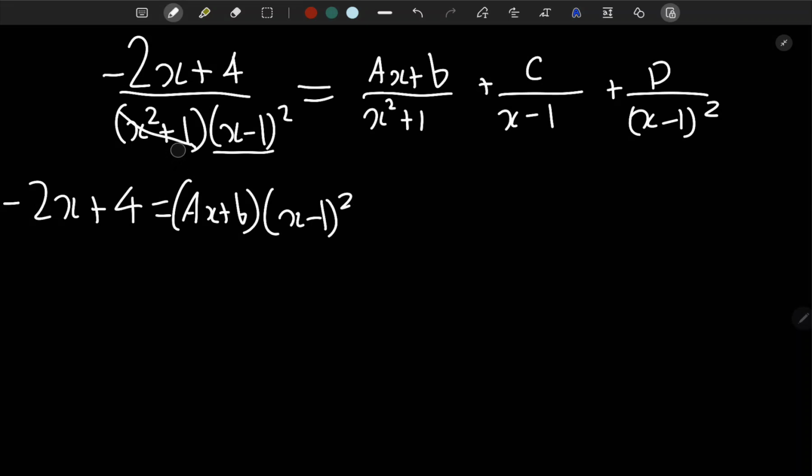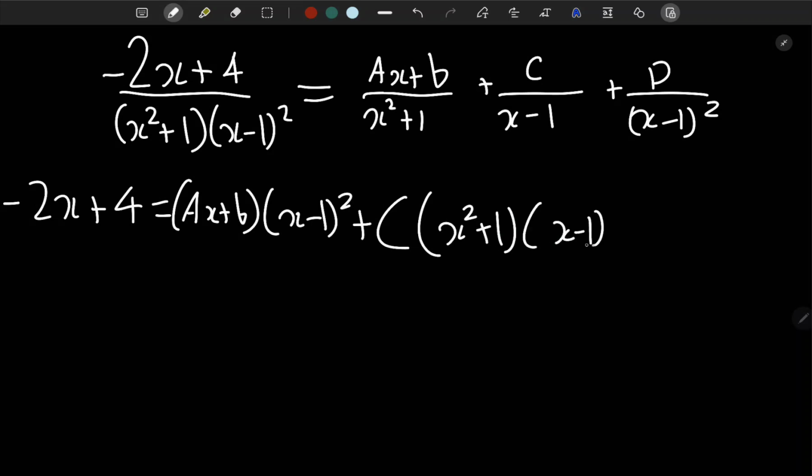Now moving on, we need to cover up for c, and we need to cover up x minus 1. So what are we going to be left with if we took out one x minus 1 here? This is going to be x squared plus 1, and there will be x minus 1 since we are only taking out one of them. And for d, actually let me write it more clearly.